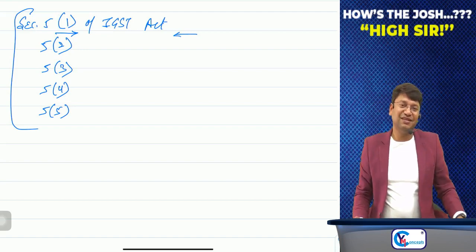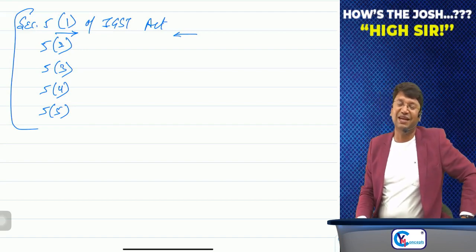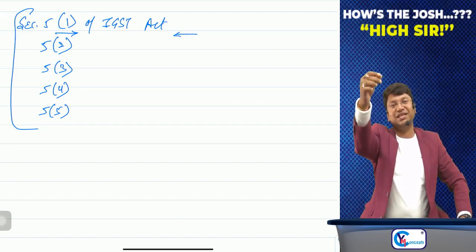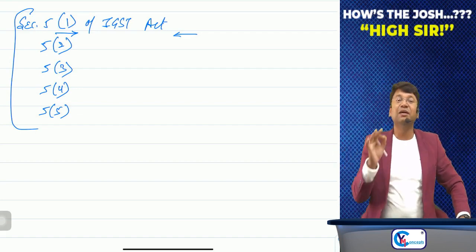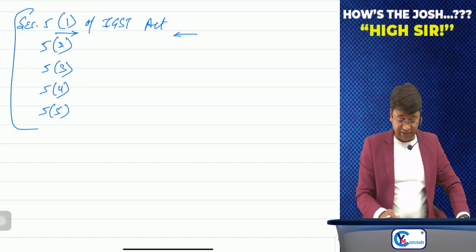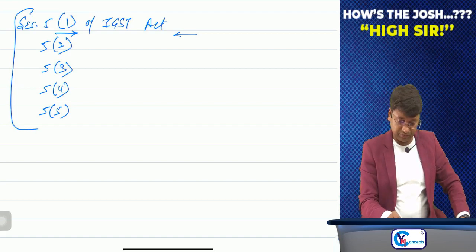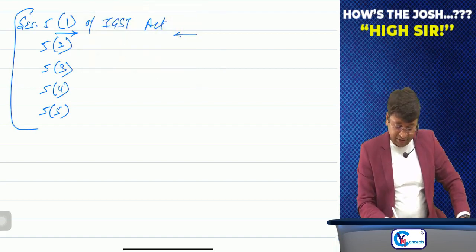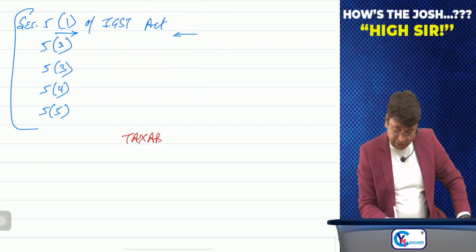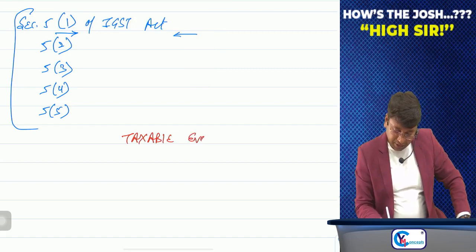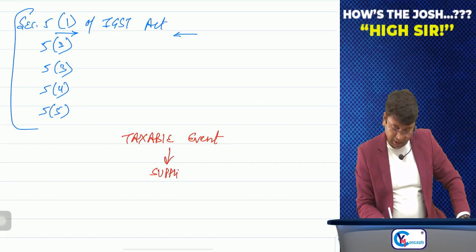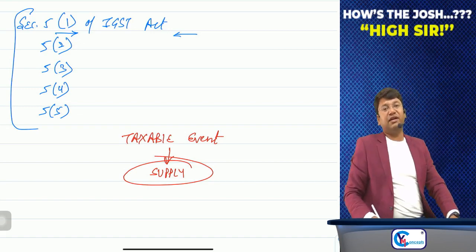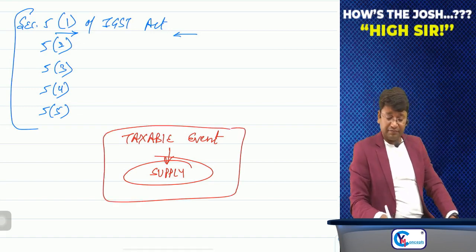So this is the charging section, section 9 and section 5 of the CGST Act and IGST Act respectively. But whether it is intrastate or interstate, ultimately the taxable event under GST is supply.